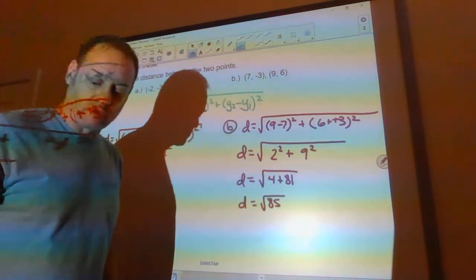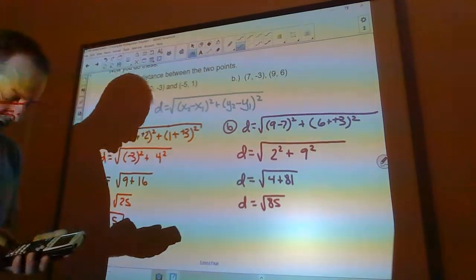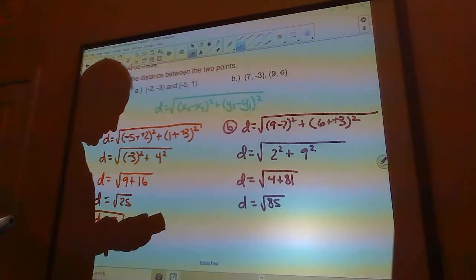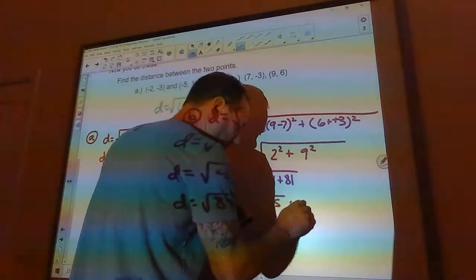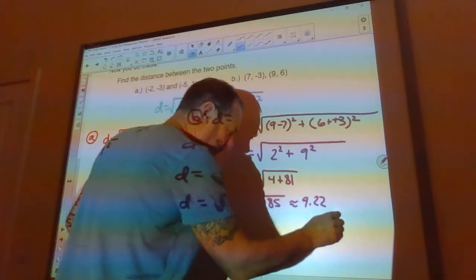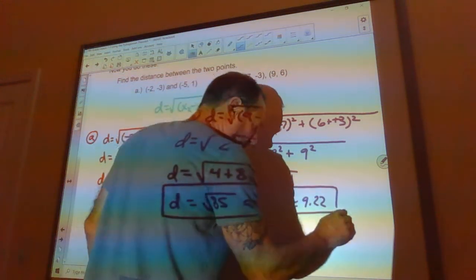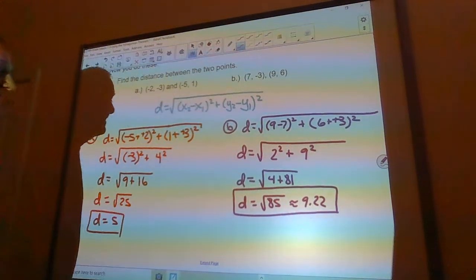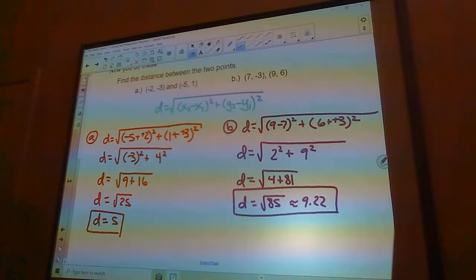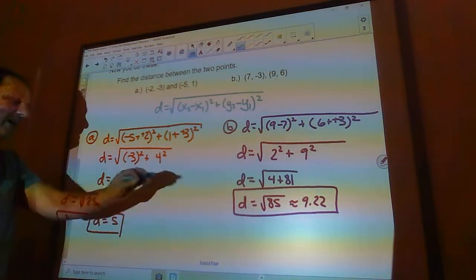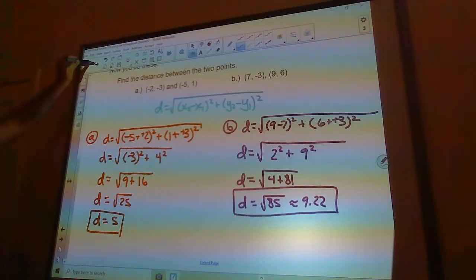Now that's not a perfect square, so I'm going to get out my TI-84 and I'm going to square root 85. And that's going to be approximately 9.22. Okay, so like I said, they don't always come out to be nice numbers. All right, so hopefully you got 5 and the square root of 85, or 9.22.